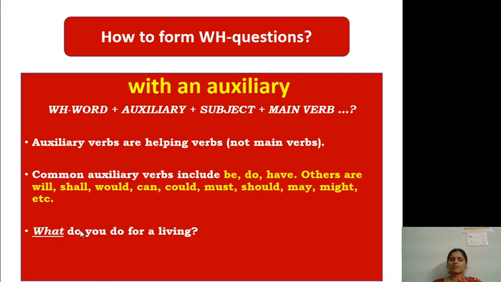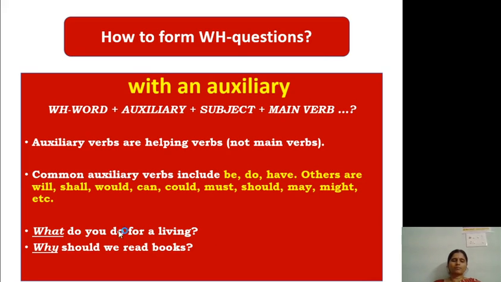Then it is followed by the verb, again do, which is the main verb, and the remaining part of the sentence. So usually when you frame a WH question with an auxiliary verb, the order of the words would be like this. First we get the WH word, then the auxiliary verb, then the subject, then the main verb, and then the remaining part of the sentence.